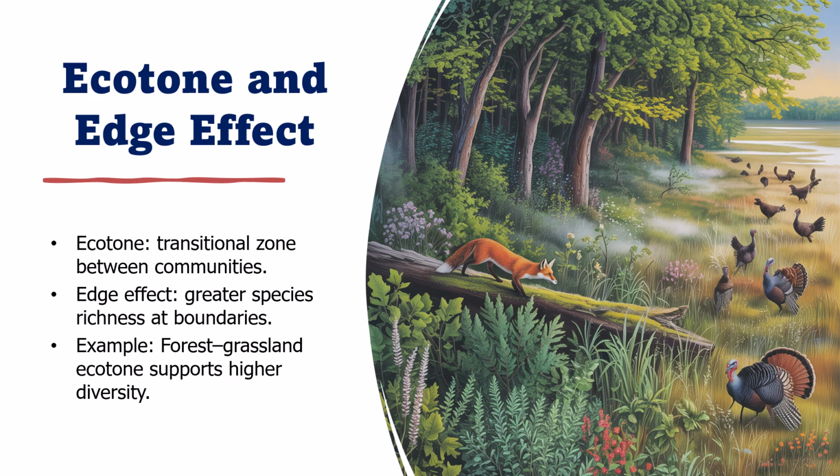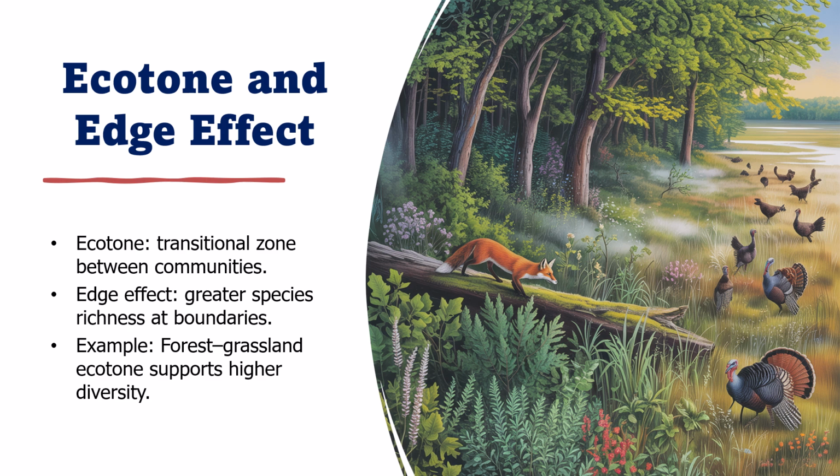Communities are rarely isolated. Instead, they transition into one another through ecotones, which are boundary zones where species from both communities overlap. These zones often have unique environmental conditions and support higher diversity, a phenomenon known as the edge effect.